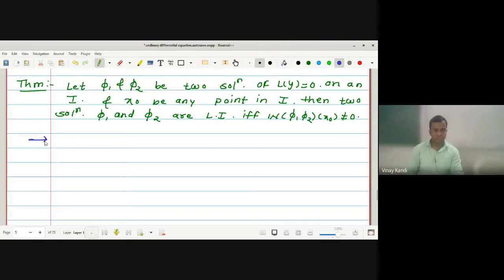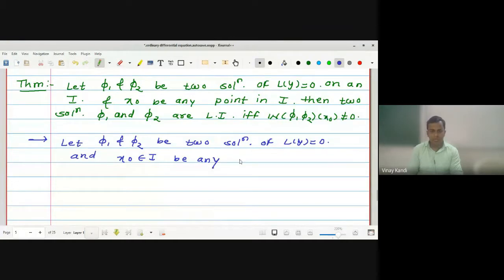Let phi1 and phi2 be two solutions of L of y is equal to 0 and x naught belongs to I be any point.